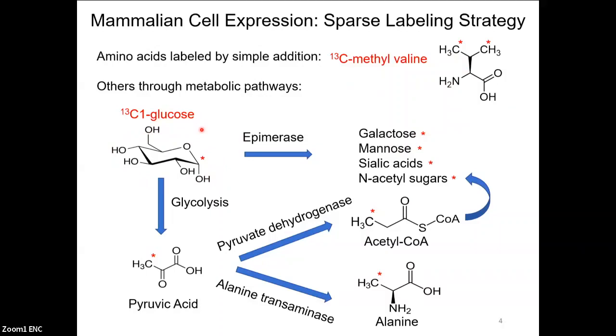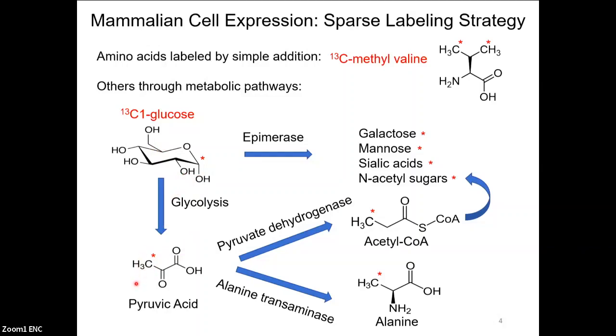Now, the C1 labeled glucose, of course, goes very readily into all of the sugars. So all of the anomeric sites in the N-acetylglucosamines and the mannose are going to be labeled. C1 glucose also goes through glycolysis, of course, and gets down to pyruvate, and that C1 carbon ends up in the methyl group of pyruvate.